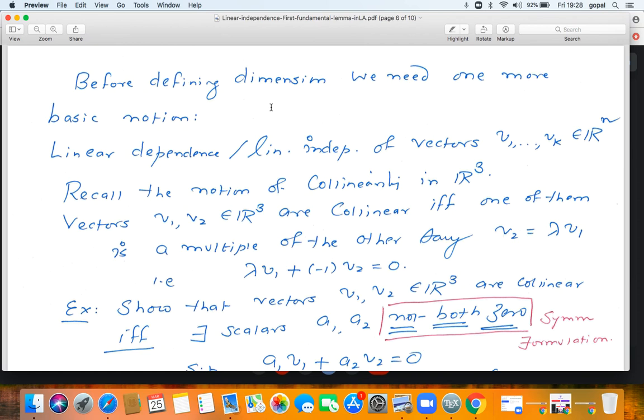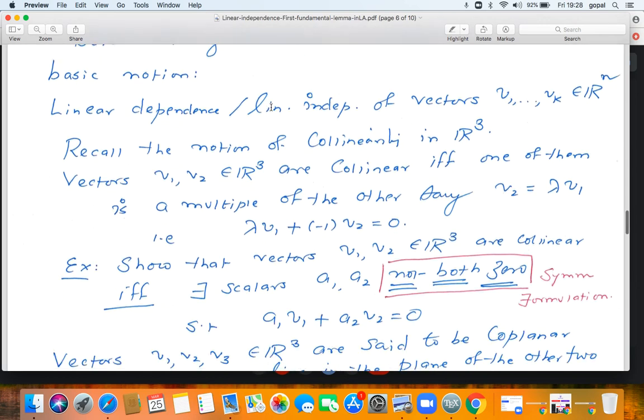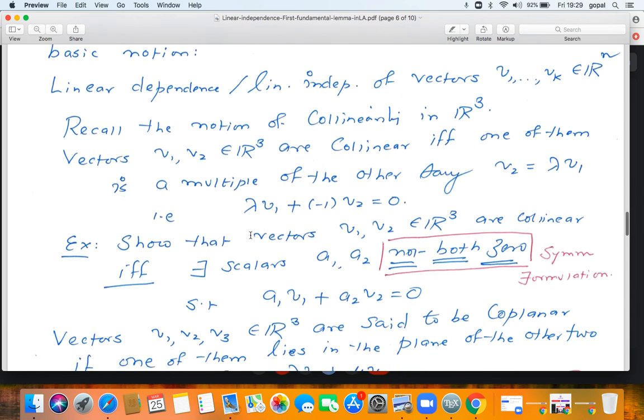Or I can write this equation V2 equal to lambda V1 as lambda V1 plus minus 1 times V2 equal to 0. Now this above equation can be recast as A1 V1 plus A2 V2 equal to 0, where the second coefficient A2 is not 0. I do not know whether lambda is 0 or not, but definitely one of the coefficients is not 0.